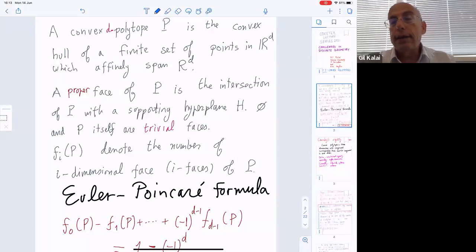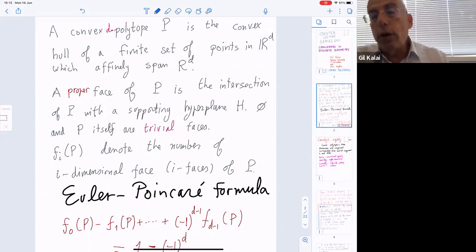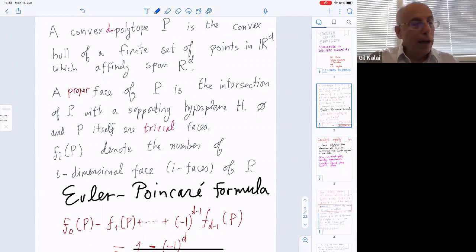I should say that the study of polytopes certainly goes back to ancient times. The Platonic solids were discovered in ancient Greece, and Coxeter's famous book Regular Polytopes was devoted to regular polytopes and more general objects.